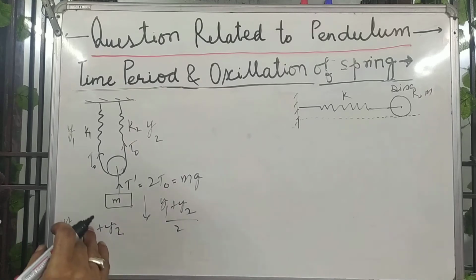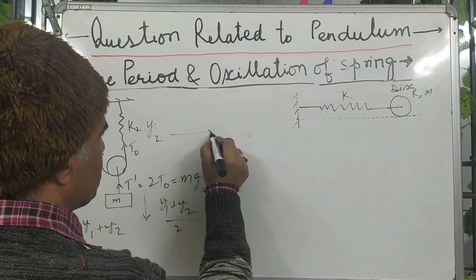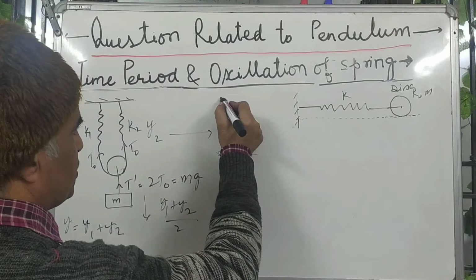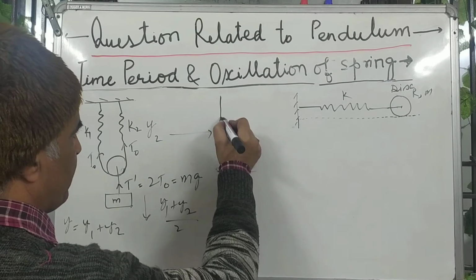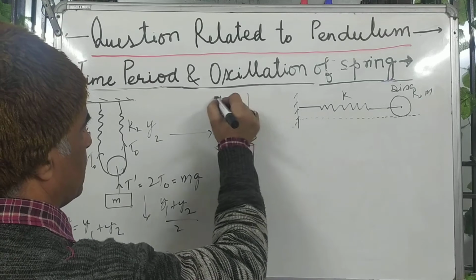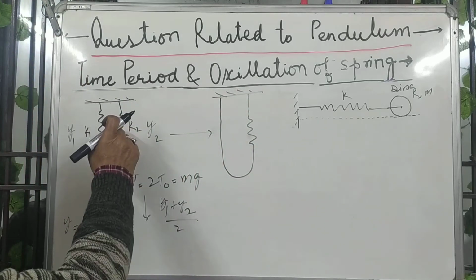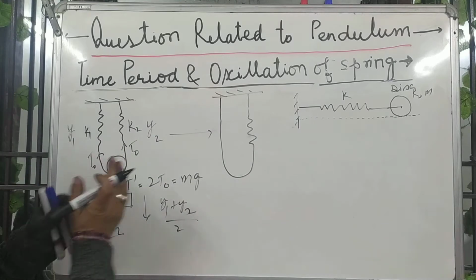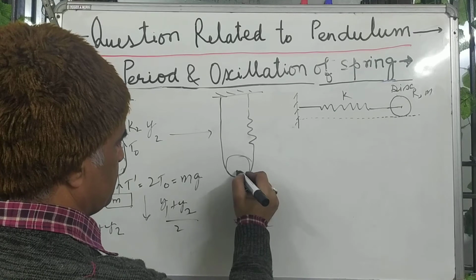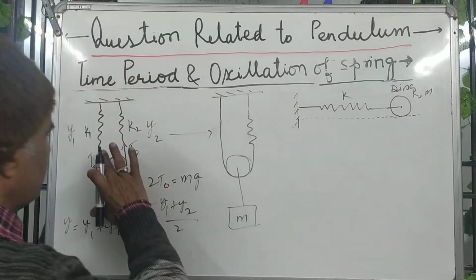And this one you may further change into a single form like this. You can modify this way. This is the series combination, so the combined spring you connect over here, and this is the mass M body.